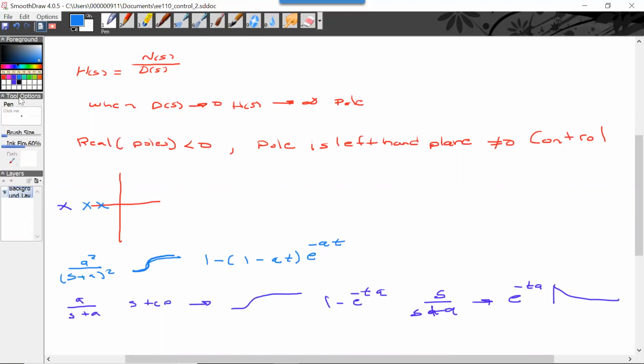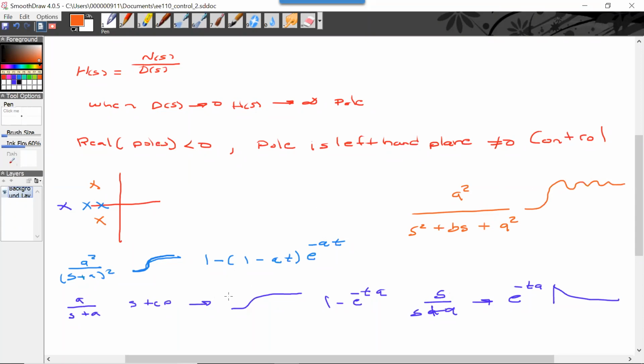And even if I have complex poles, something like this, where the roots are complex, it goes up, and once the oscillations have decayed, it goes to a value.